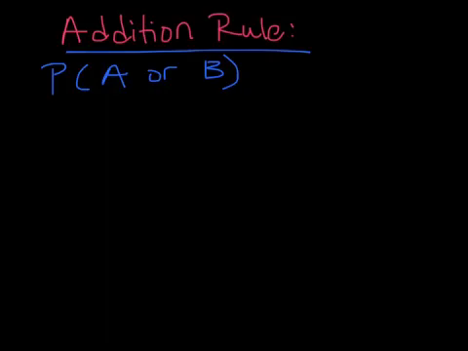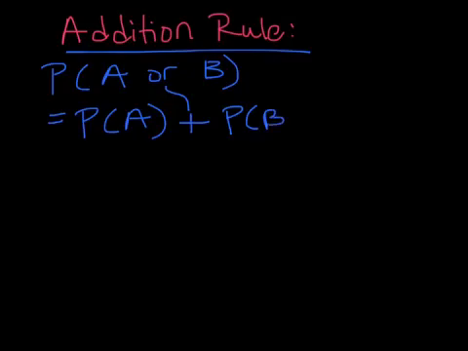So I take the probability of A, and this word "or" makes me add these two probabilities, because this is going to work if A happens, and this is going to work if B happens. So I add them up to see the chance of A or B happening.